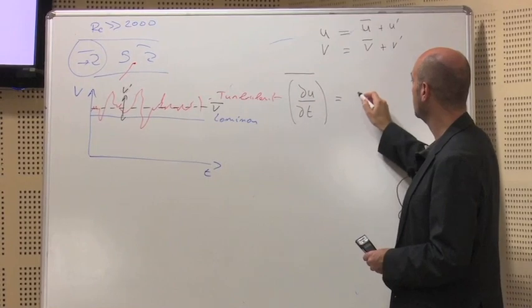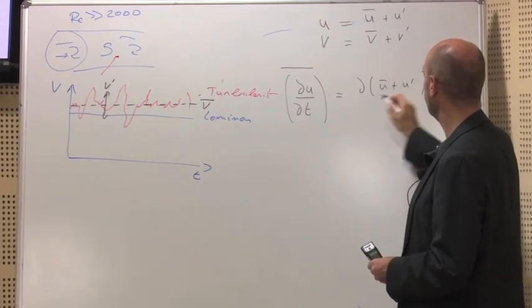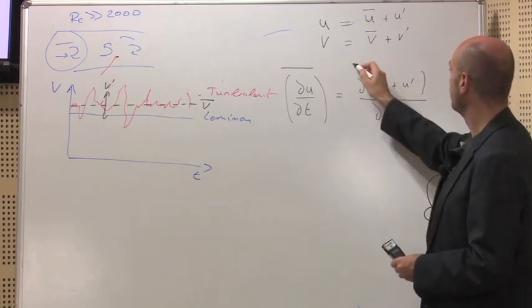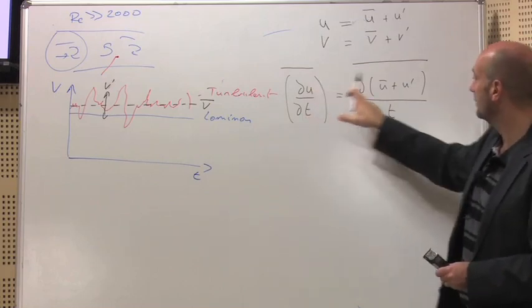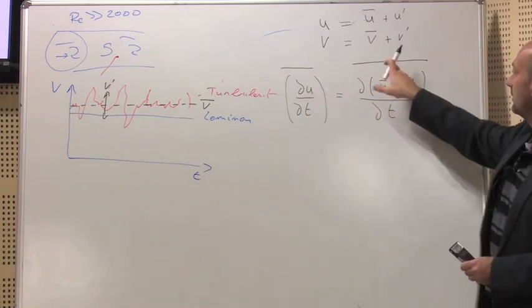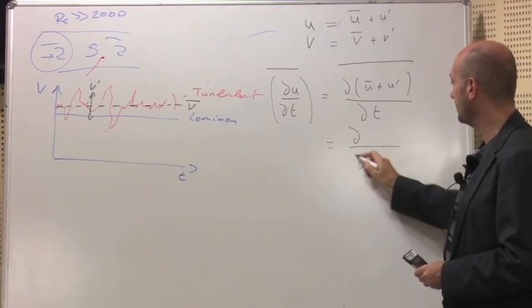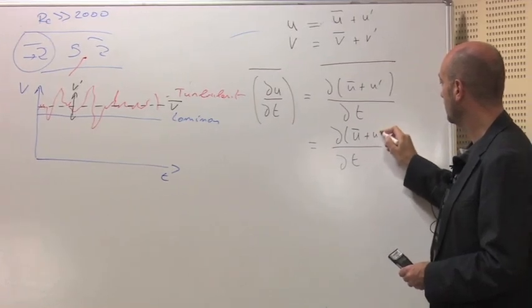So it will be d(u bar plus u prime)/dt, and you still have the bar here. So you use the decomposition, u as mean plus fluctuation, you take the average, so that will be d over dt of u bar plus u prime.